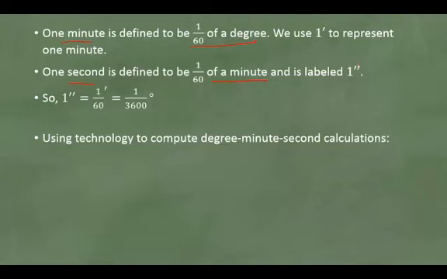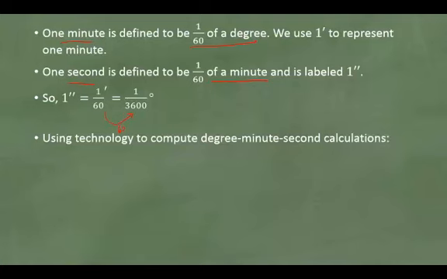So that tells us that 1 second is equal to 1/60th of a minute, which is 1/3600th of a degree. That's what you get when you divide this by 60 again, or multiply the denominator by 60.